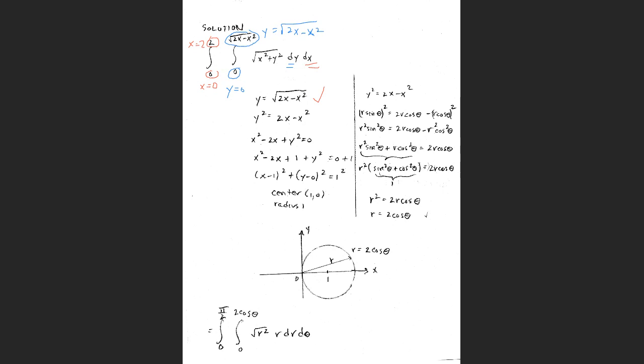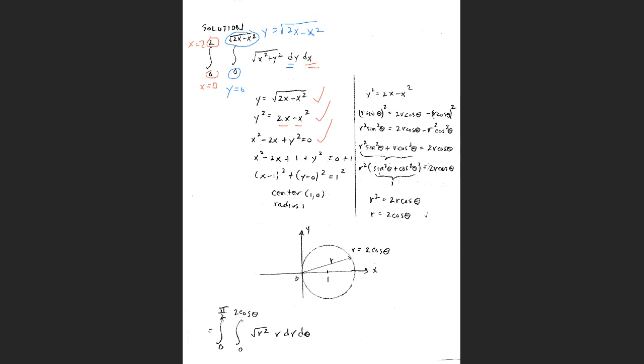But we need a little more than that. So what I do is I square both sides, and then I bring over the 2x and the negative x squared, subtracting and adding those over to the left side.